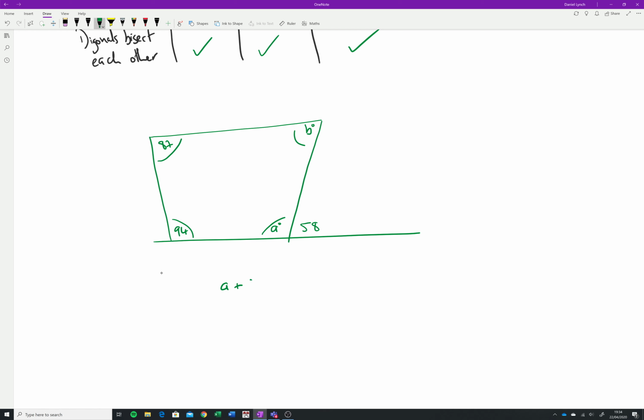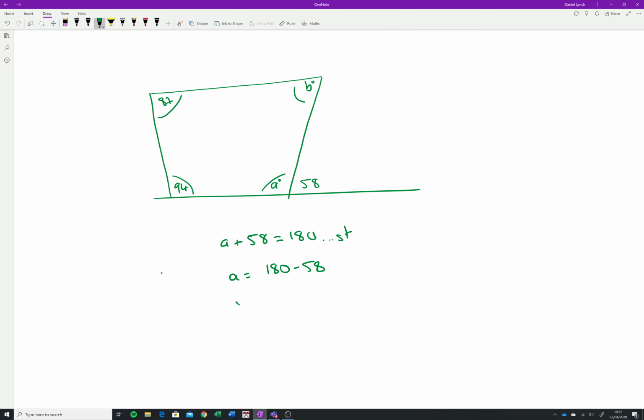If you really want to show your examiner your work, you can say that this is true because it's a straight angle. So A is equal to 180 minus 58. Subtract 58 from both sides, and that looks to me like A is 122 degrees. So we can fill that in there. And then what we can say is that 87 plus 94 plus 122 plus B is equal to 360.